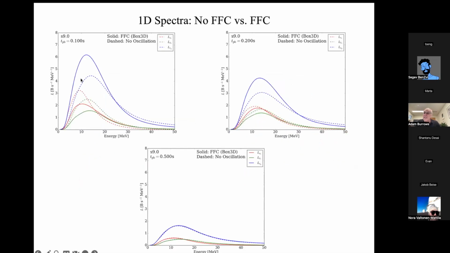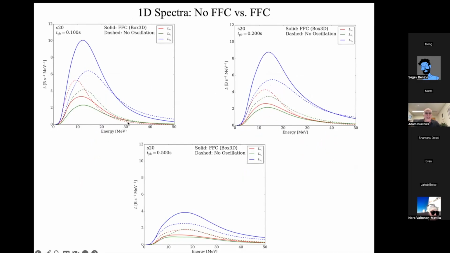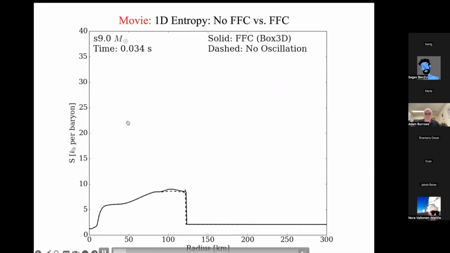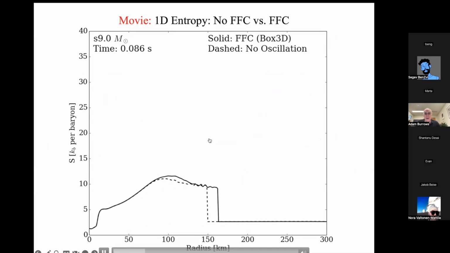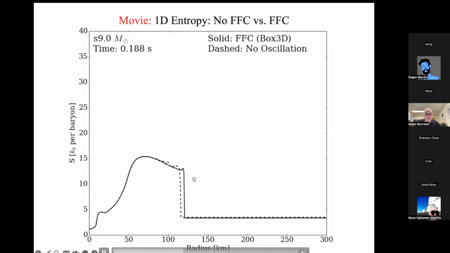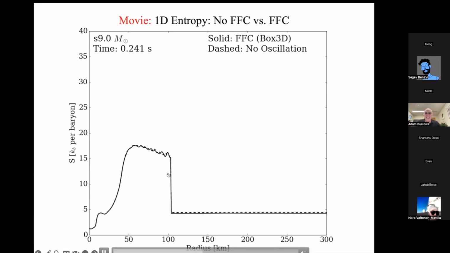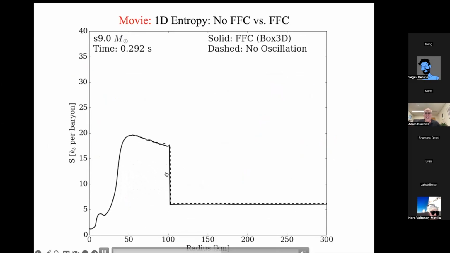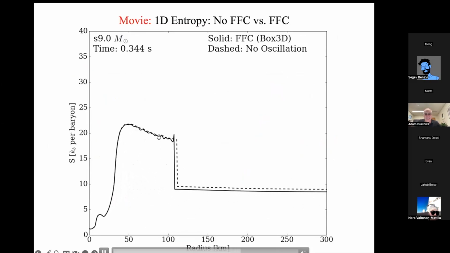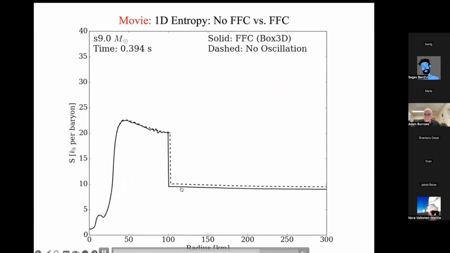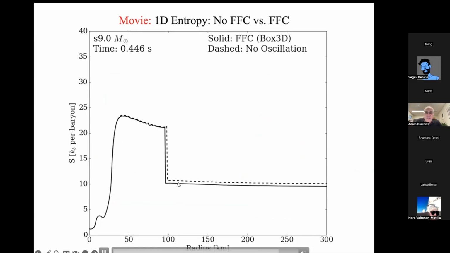And then these are differences in the spectra. There's some interesting differences here. And this is the hydrodynamics. This is the entropy profile versus time versus radius. So the solid was with the oscillations, and the dashed is without the oscillations.